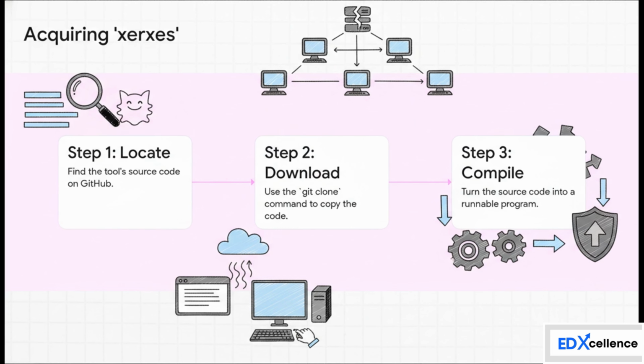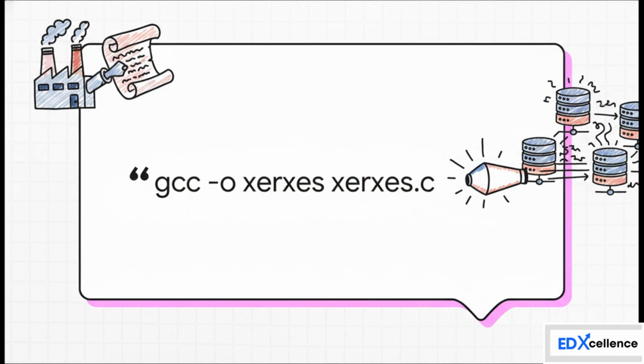And third, you compile it, which is just a fancy way of saying you turn the blueprint into an actual working program. Yeah, this command here might look like a bunch of gibberish, but the concept is really straightforward. That Xerxes.c file, that's the blueprint. The GCC command is like the factory. You're just telling the factory, hey, take this blueprint and build me the tool. And just like that, with one line of code, our weapon is ready to go.